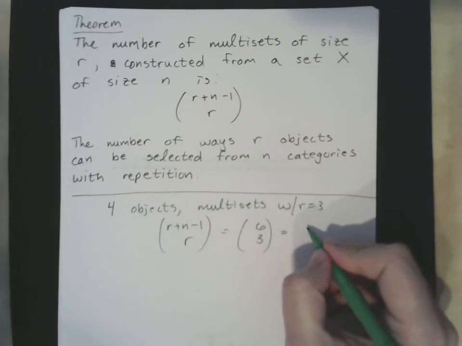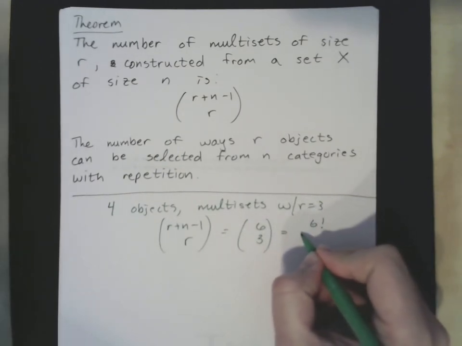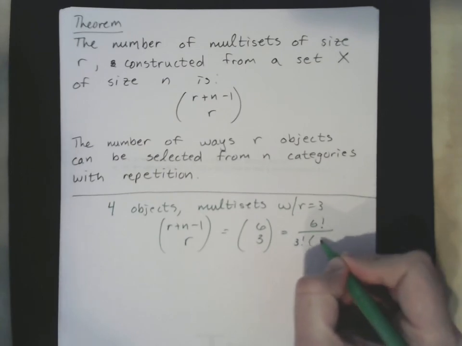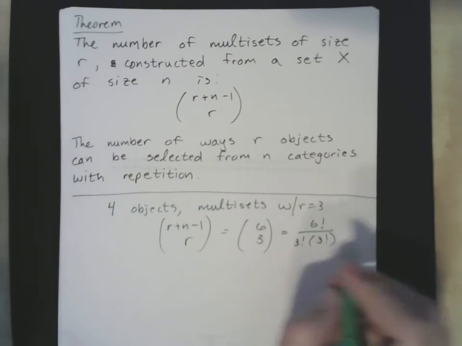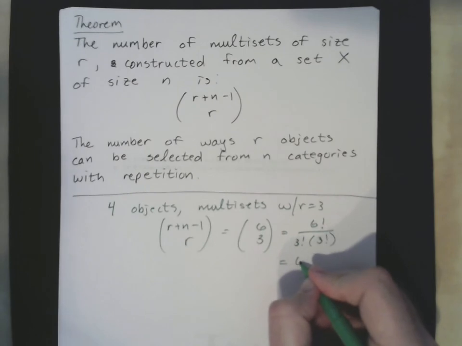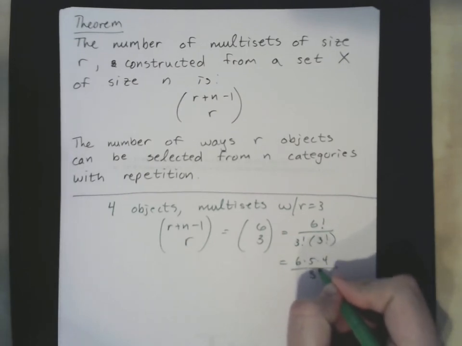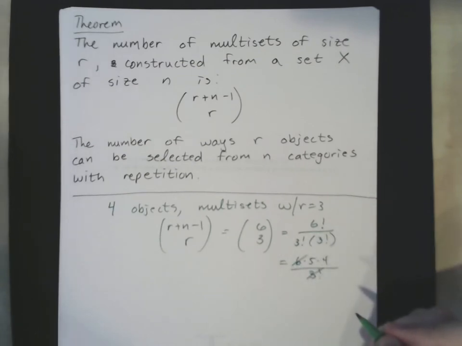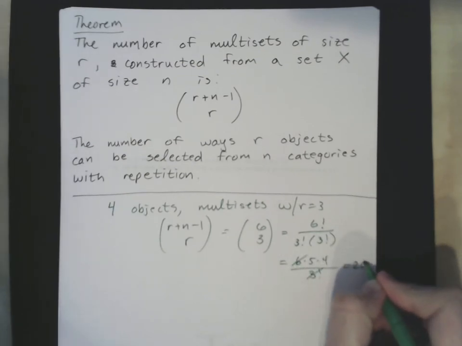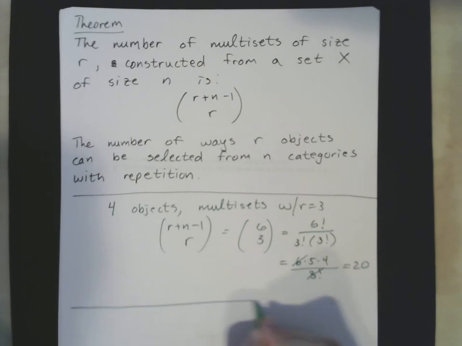And we know that that's going to be 6 factorial over 3 factorial times 3 factorial, or 6 times 5 times 4 over 3 factorial, which will cancel that 6, which is 20. So that's how I knew that there was 20 sets.